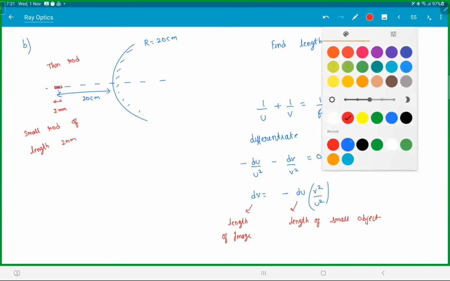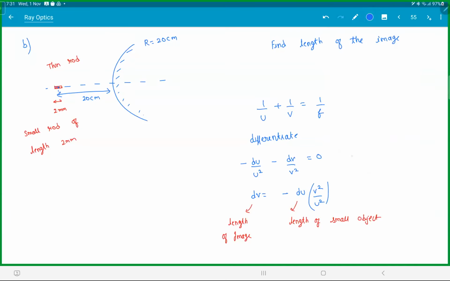If the rod was big, this is a blunder. So basically you're treating it like a point object with a small length.